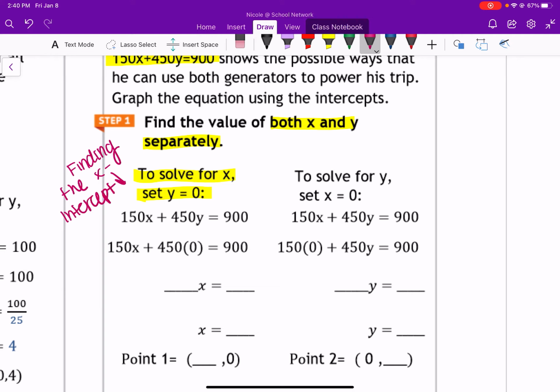And then this would be finding the y-intercept. So sometimes questions ask, find the x-intercept. Well, find the x-intercept is just setting y to 0 and solving for x, okay?